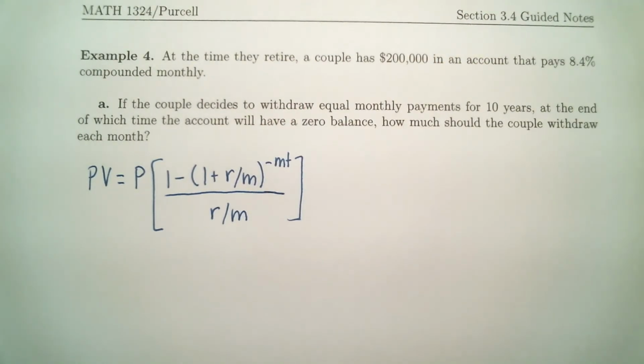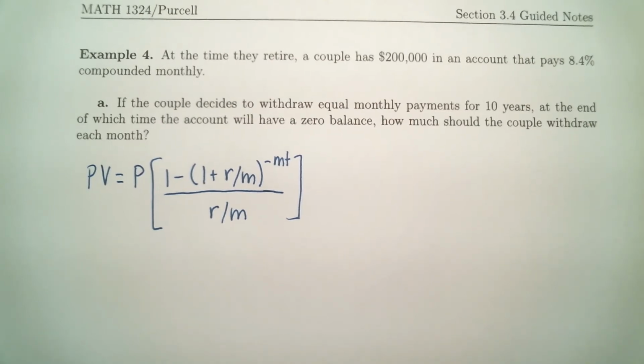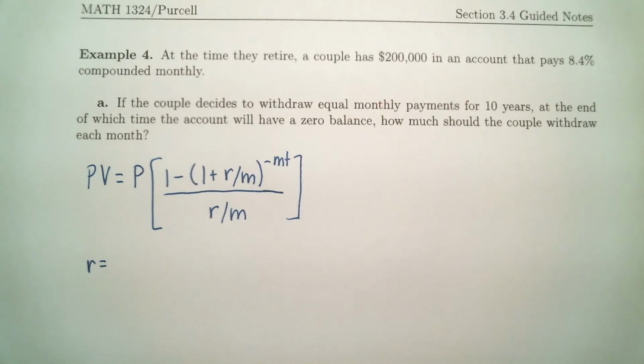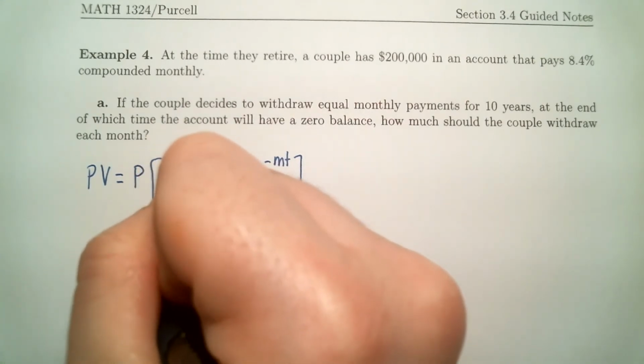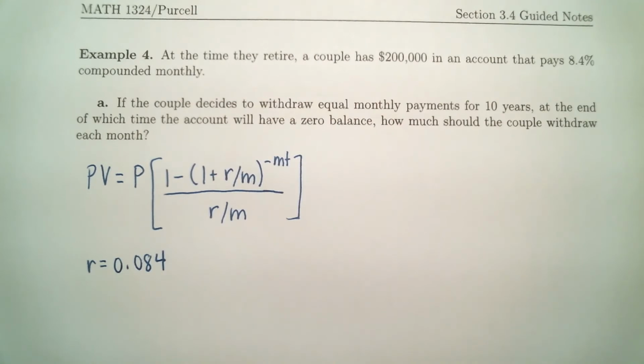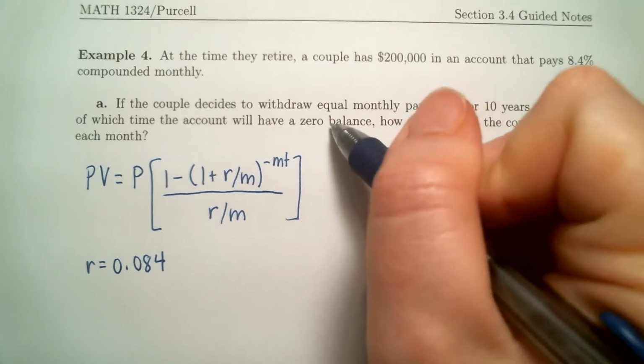Now we need to write down what we know and what we are looking for. Let's write down the obvious stuff. We know the R value is 8.4%, so let's convert that to a decimal. This is going to be 0.084, and we are doing everything monthly. There are equal monthly payments.